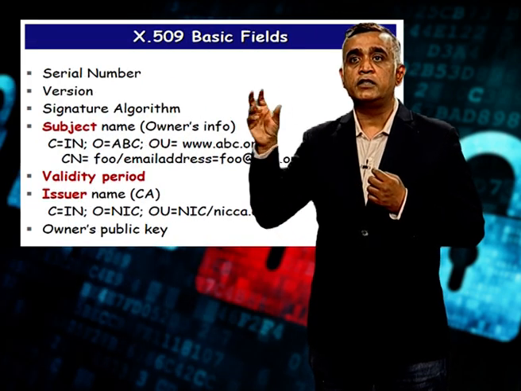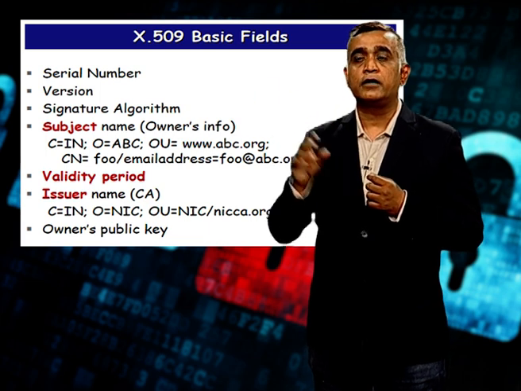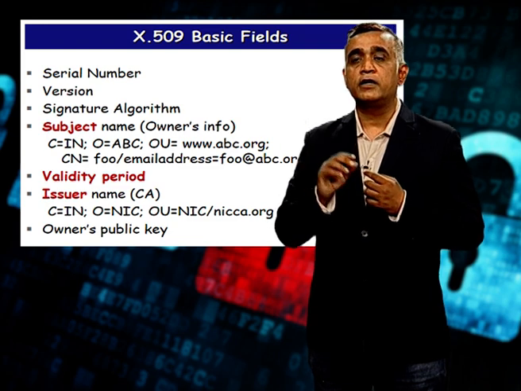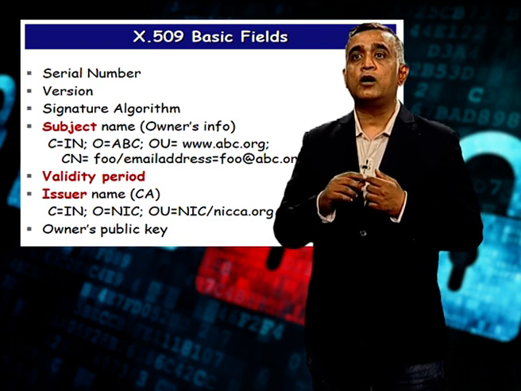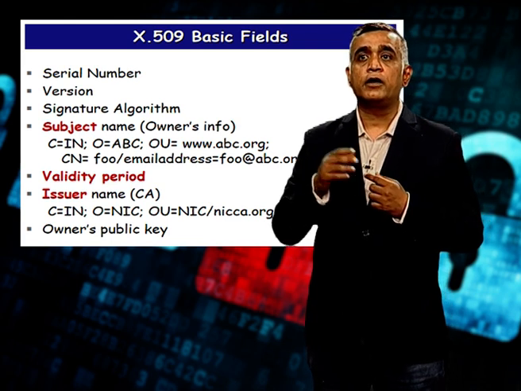For the serial number, you will have a unique serial number. For the version of the certificate, you will have version 1, 2, 3, etc. The signature algorithm could be RSA or DSA. The subject name will have the owner's name or his email ID or some common name.